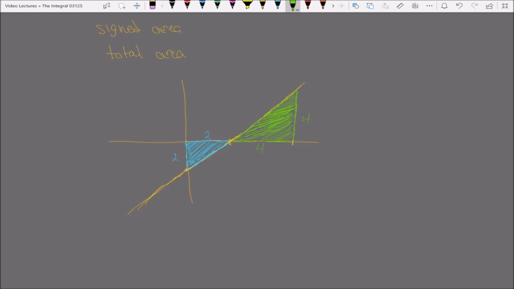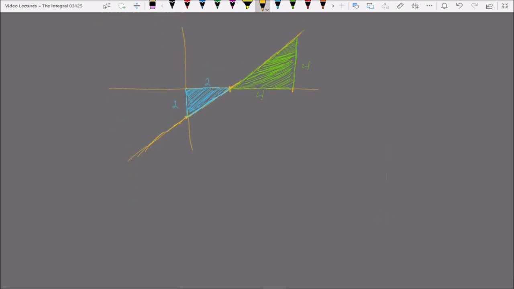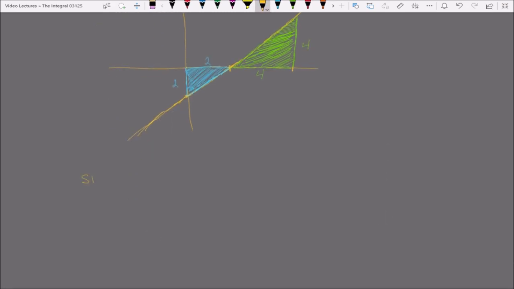For the signed area, that is just simply an integral from 0 to 6 of x minus 2 dx.